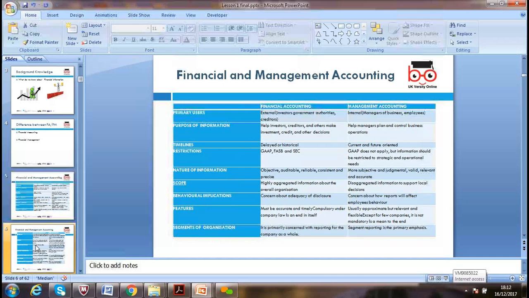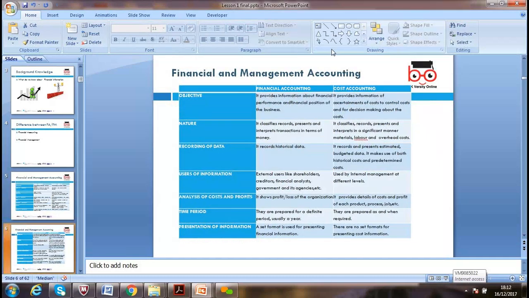So, some background reading: the difference between financial accounting and cost accounting. Costing is purely measuring how much the labor cost me, how much material cost me, how much food cost me, how much overhead we have.